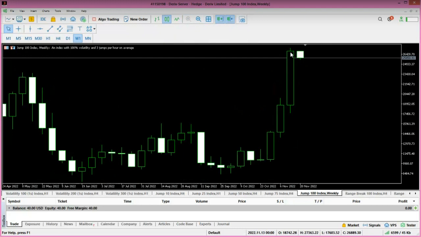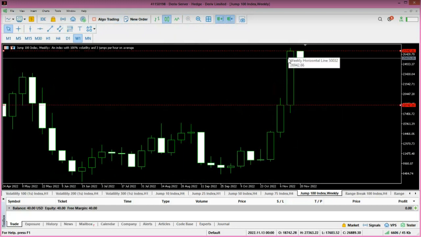So by the look of this candlestick here, you can see by the length of this body, this area here, it is very long. So with that being said, it means that the buyers will most likely be in control even this week, or the week that is currently running. Okay, which is why we are expecting a buy on this one.